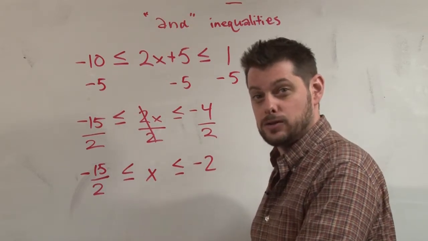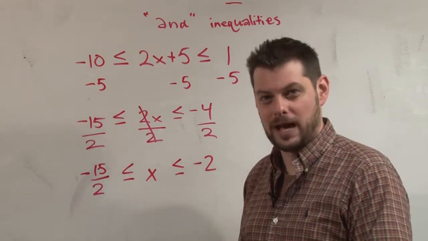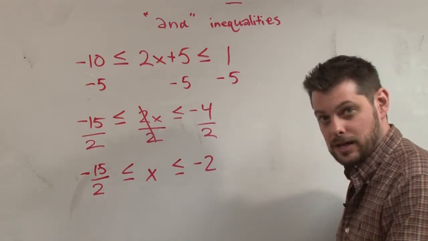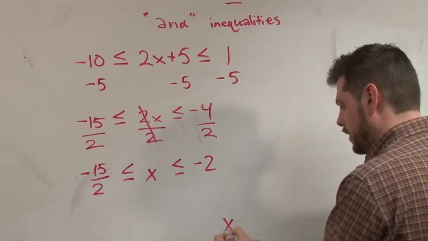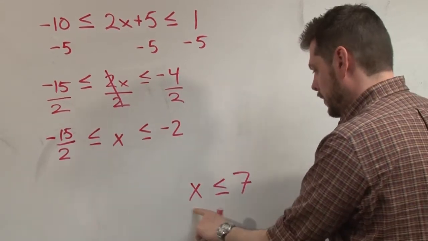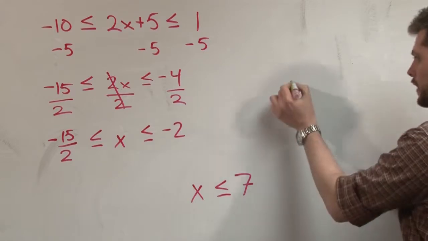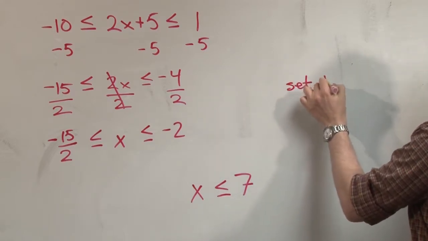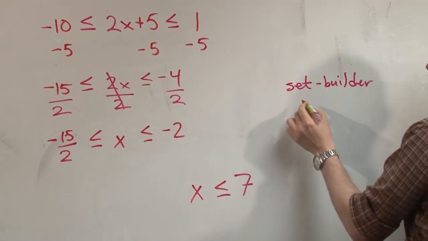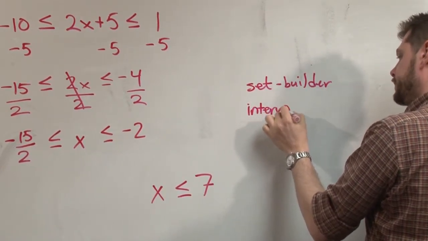I've identified my solution set. Now, there are two ways to write that solution set. If I had just a single inequality, this is okay. We can say that x is less than or equal to 7, and then we could write it in either set builder notation or interval notation.